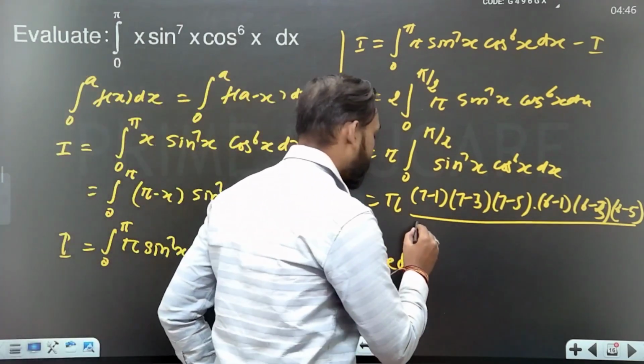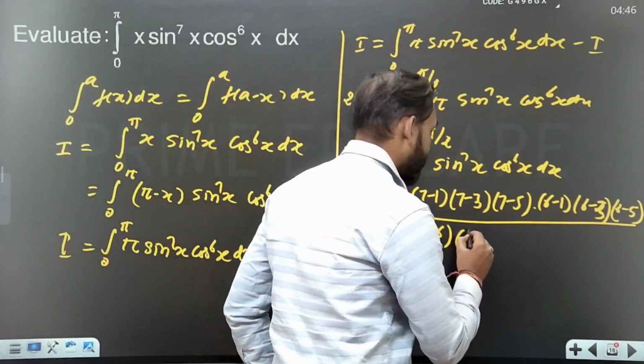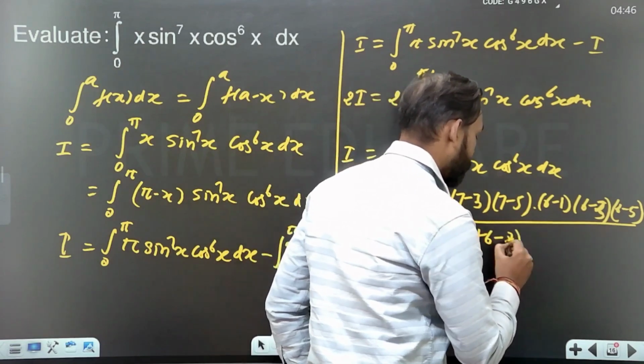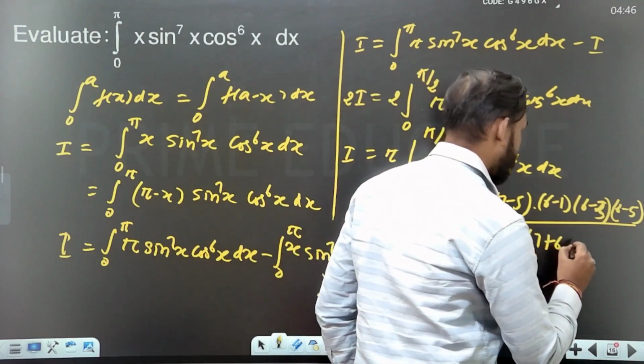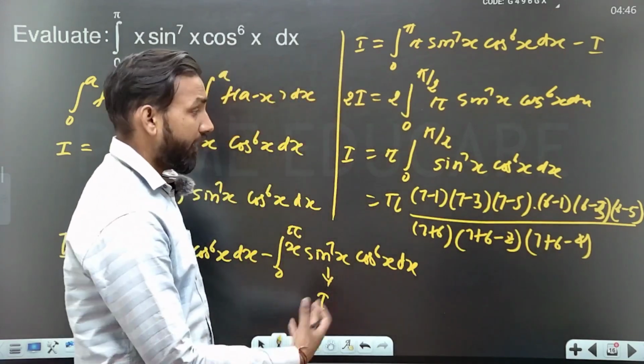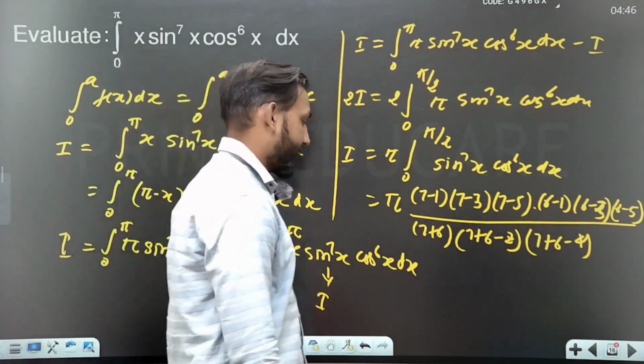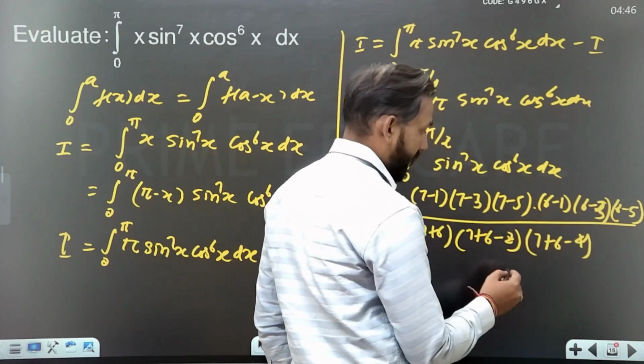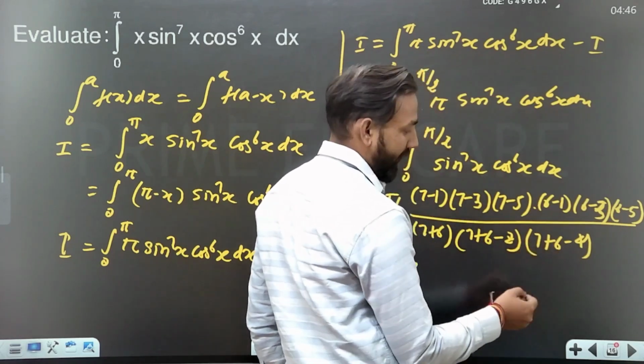Like 7 plus 6, then 7 plus 6 minus 2, and 7 plus 6 minus 4, and so on, where we get the positive brackets, right? And 7 plus 6 is 13, right?